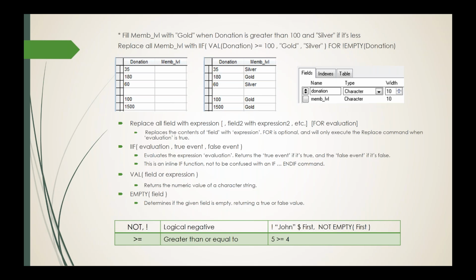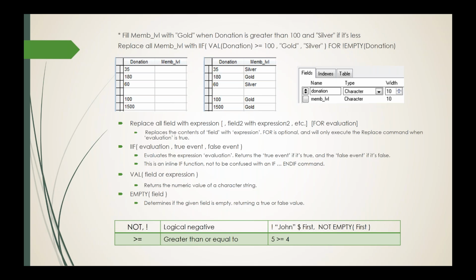So here I'm taking the value of the donation field. Again, the donation field is character, so I want to find the numeric value of it in order to use it with the greater than or equal to function. In order to use that comparison, it needs to be a numeric value. So we have val donation is greater than or equal to 100, and then our next parameter is, okay, what's going to happen when that's true?